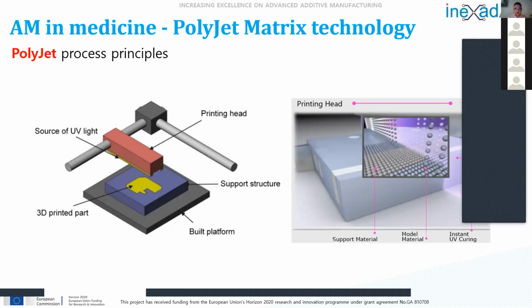Probably most of you know general information about the technology, but during the process you have a printing head, and in very small layers with very small droplets, you are adding material layer by layer until the whole model is finished.